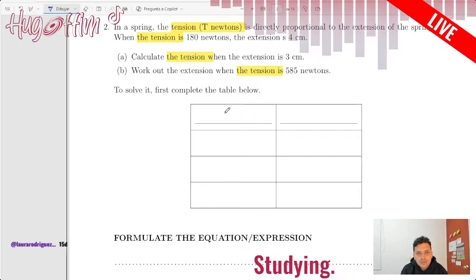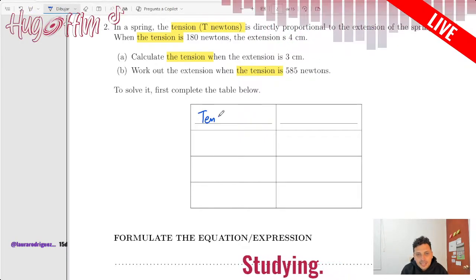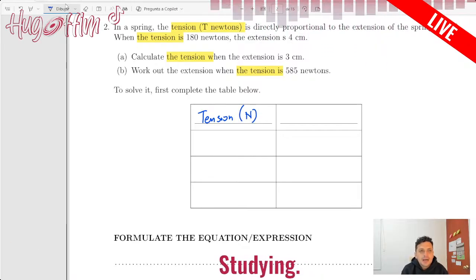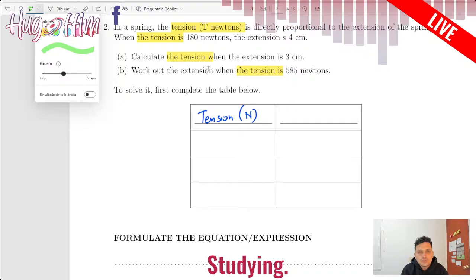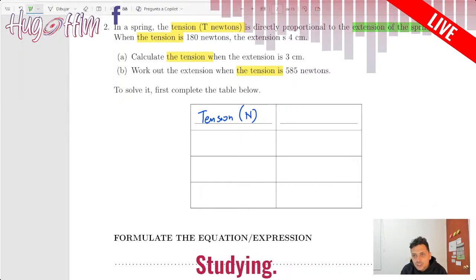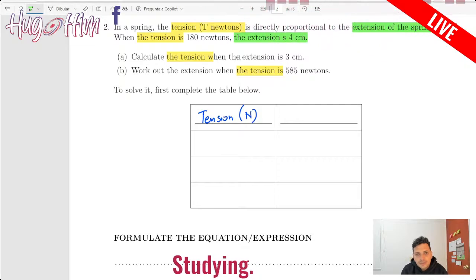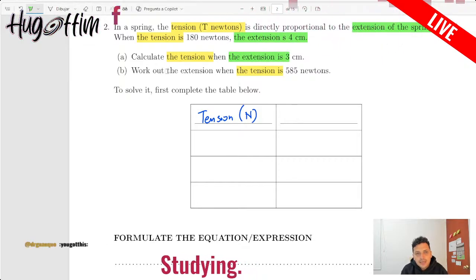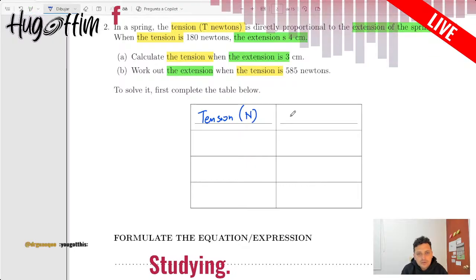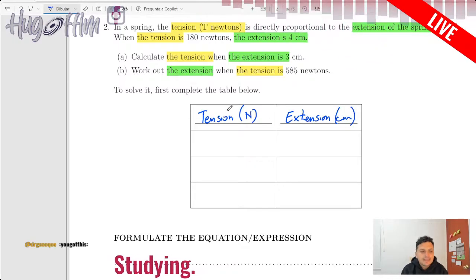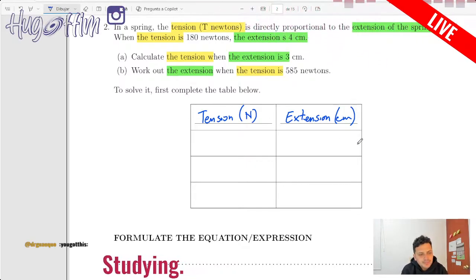So one magnitude is tension in newtons, and the other magnitude is the extension of the spring in centimeters. So I'm relating extension of the spring in centimeters with the force in newtons.